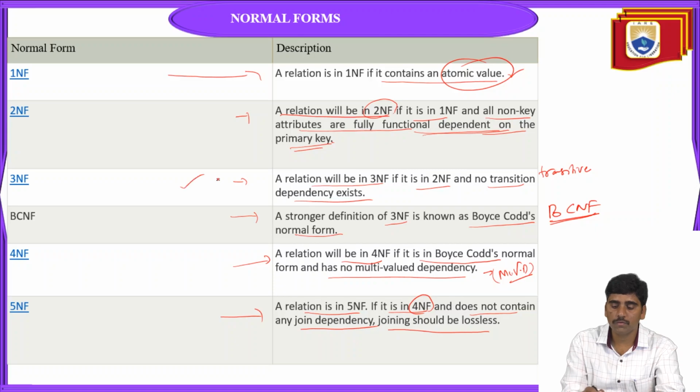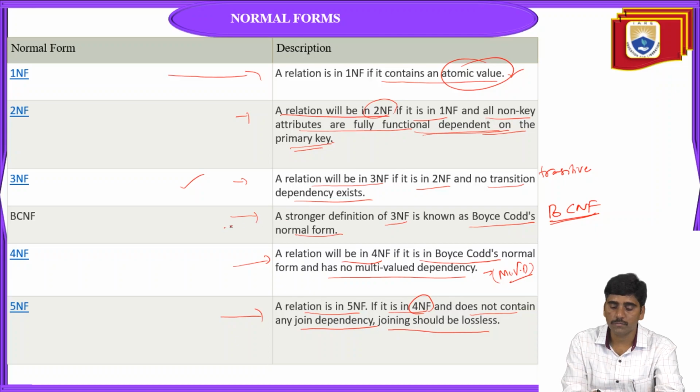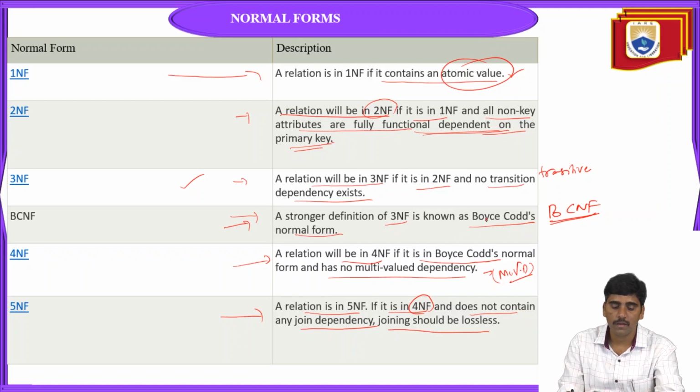For the third normal form, it is in second normal form and no transitive dependency exists. BCNF is a stronger definition of third normal form, and it is also called Boyce-Codd normal form.